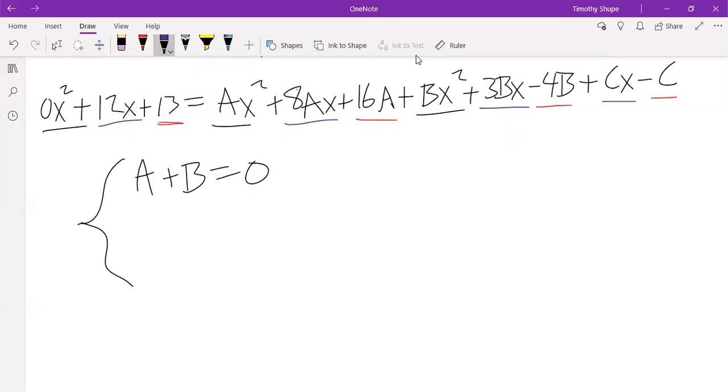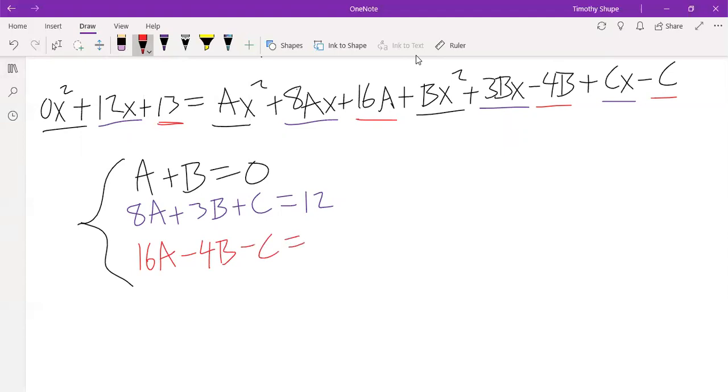For the x terms, I had an 8A added to 3 more B's and added to 1C, which should equal 12. And then the constant terms, we had 16 A's, subtracting 4B, minus C, is going to equal the 13.